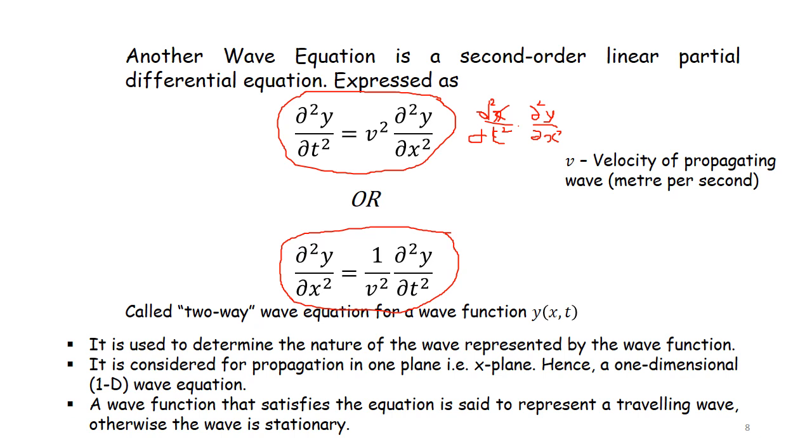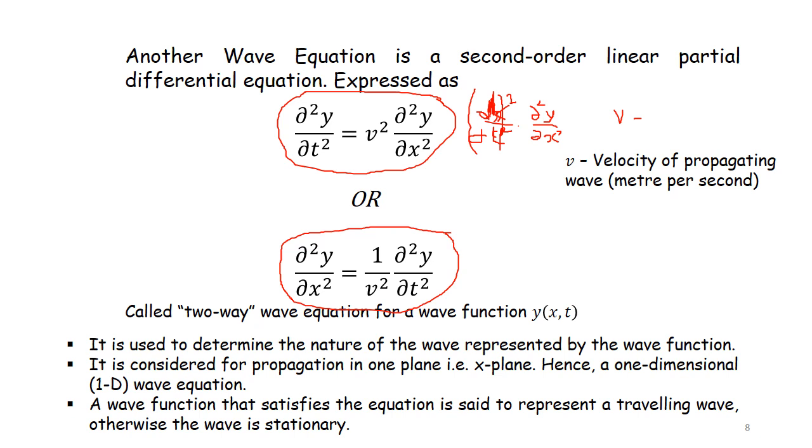Almost, that's not correct. It should be dx squared because v is equal to dx over dt. So it should have been dx over dt, squared, multiplied by d squared y over dx squared.